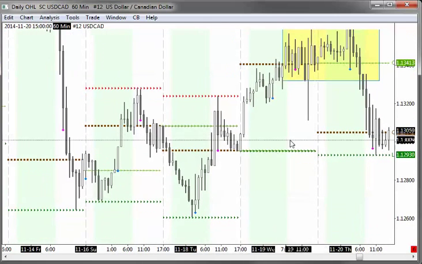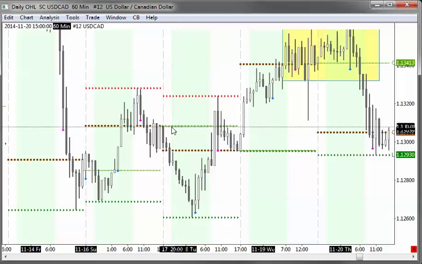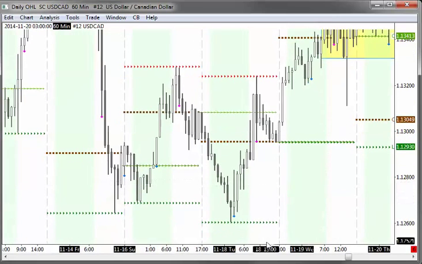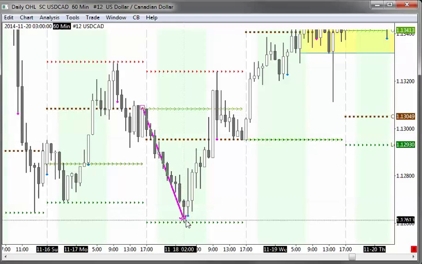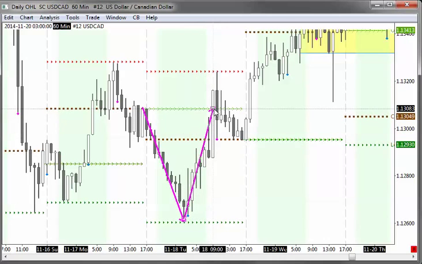Going back here now into this day, we open right here, we open up here on the green arrows to the right, and we move sharply from it. And here's that V pattern that we talked about. It's very rarely that you get this V pattern so nice and clean like that.